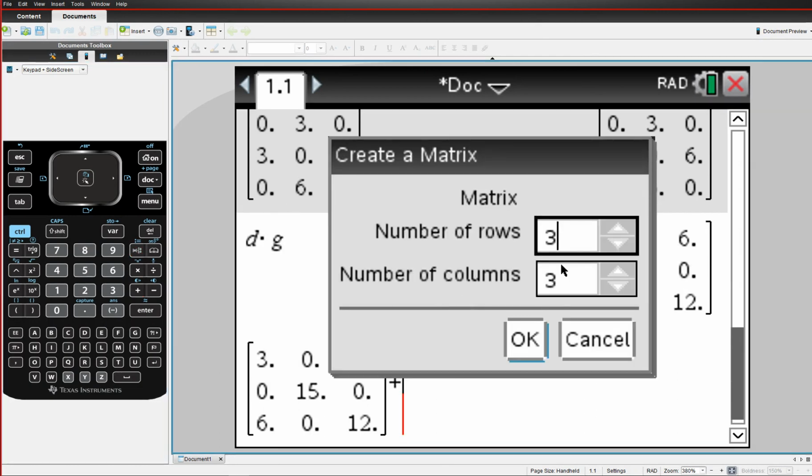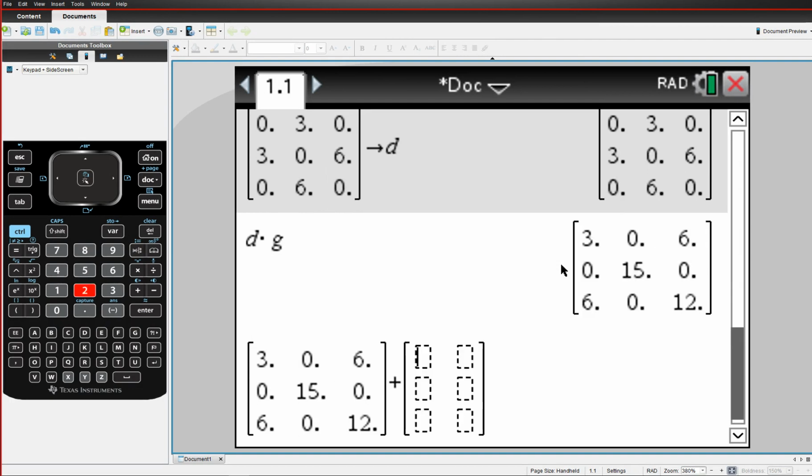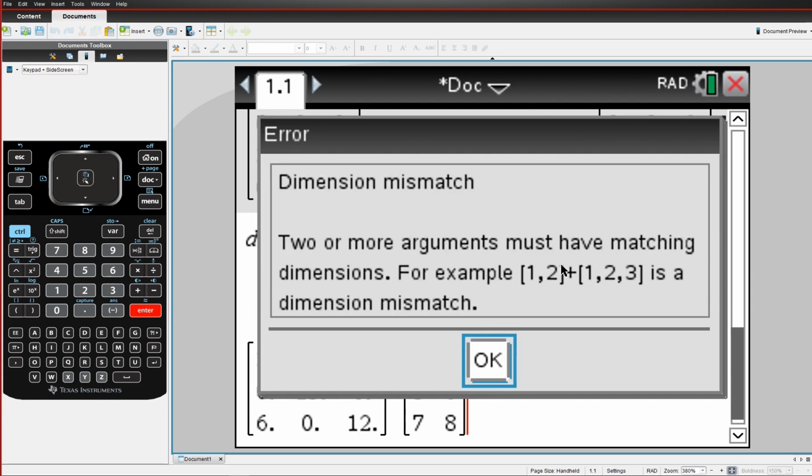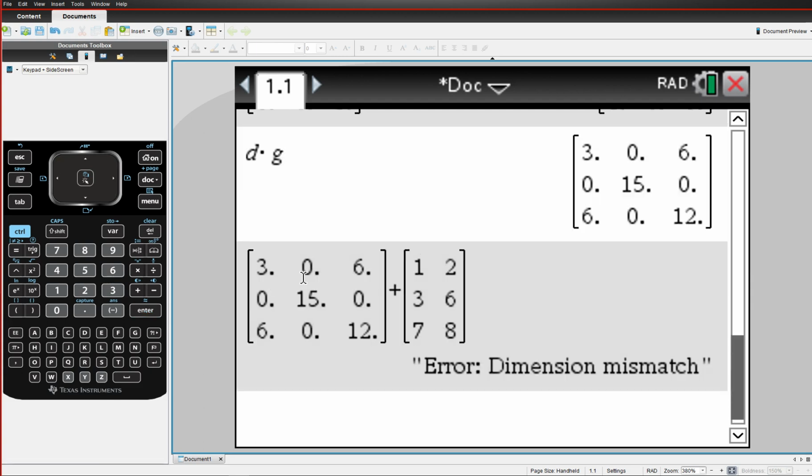I might go with 3 by 2, for example. I'll just make up my own numbers, and you'll see what will happen if you try to do this on your CAS. Error, doesn't work. Dimension mismatch, which means the actual order of each matrix doesn't match, so you can't add them or subtract them.